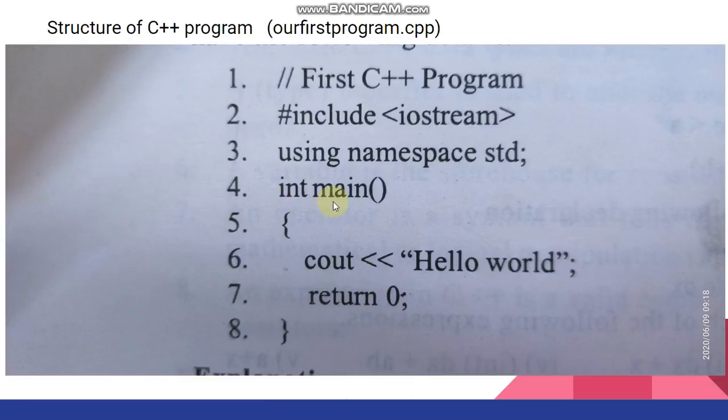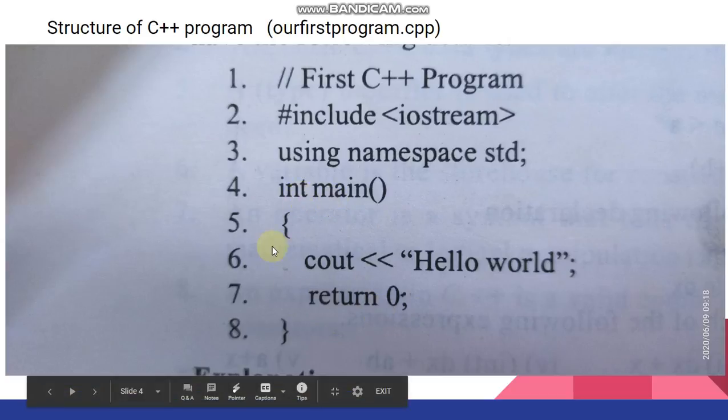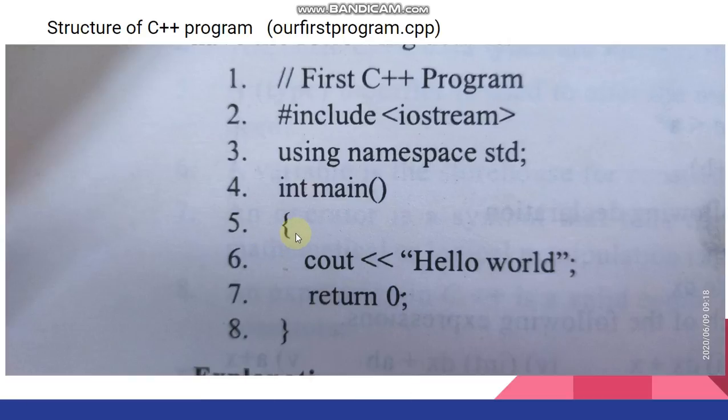If we use int, there is return 0. And line 5, the opening brace, is used to indicate the beginning of the main function. The 6th line is the first executable statement in this program, hello world.